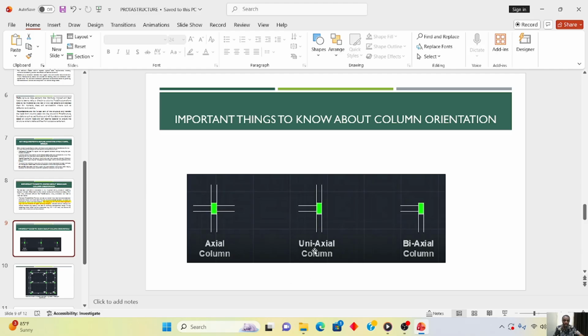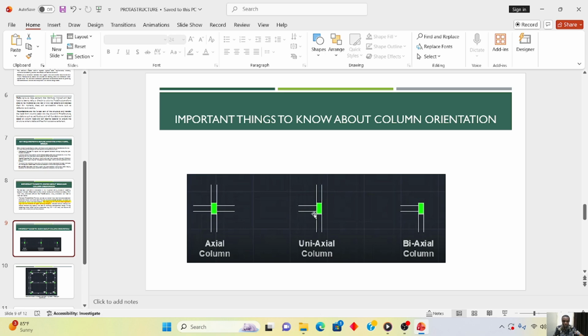Now we have uniaxial columns. Uniaxial columns are subjected to loads in three directions, like you can see in this: one, two, three. Then it is subjected to bending in one direction.